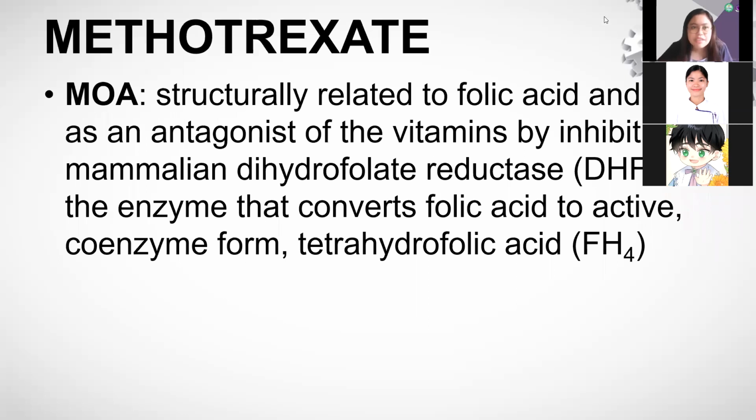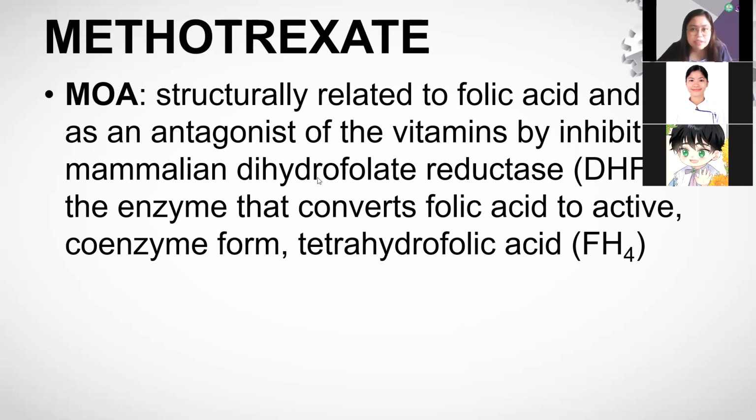So for Methotrexate, its mechanism of action, since I said earlier that antimetabolites are derived from the normal compounds found in our body, therefore methotrexate is derived from and related to the structure of folic acid. Again, its structure is related to folic acid. Thus, there will be interference in the work of the folic acid.